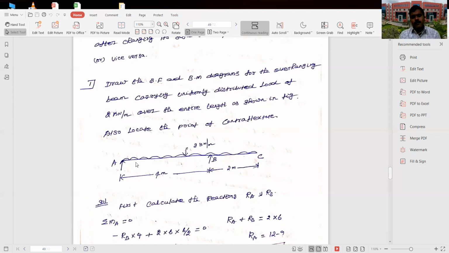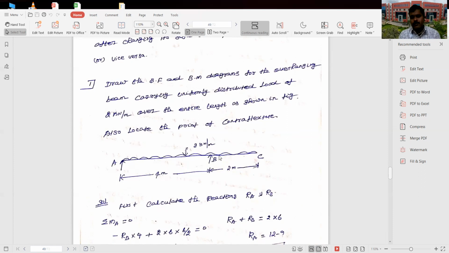Now I need to know the shear force value at point A and at point B. What I have to do is take the section between A and B and find one general equation, F of x. In that equation, if I substitute x equal to 0, that is at point A, I will get the shear force value at A. Similarly, at x equal to 4 meter, if I substitute, I will get the shear force at point B. Then I can draw the shear force diagram.